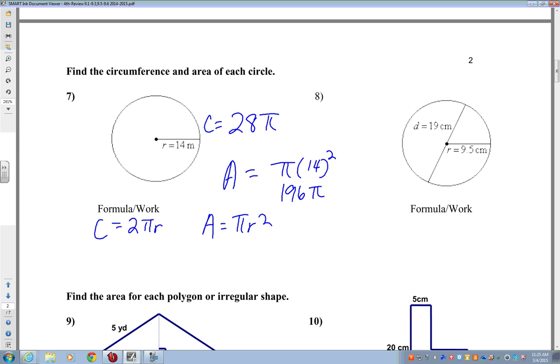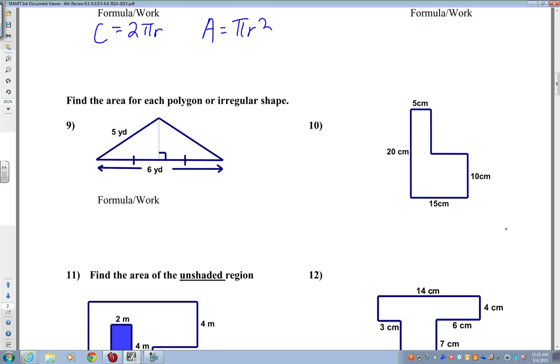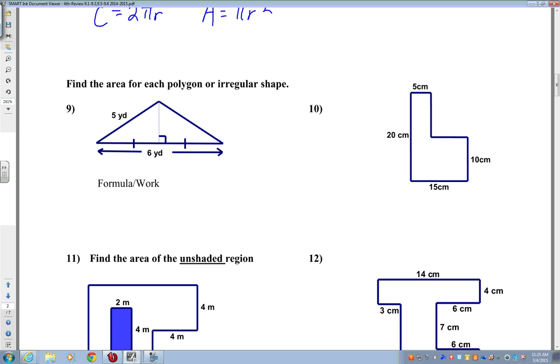Pi goes at the back. You just put the pi to the back of the number. The 196 is a coefficient. I don't know, I'm just assuming. That's probably wrong on me.